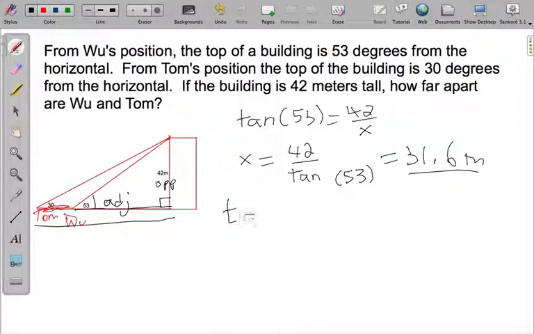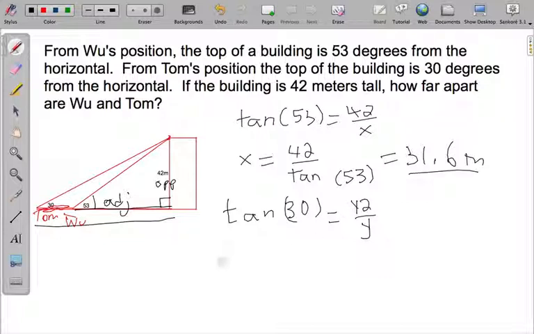Except for now, the angle of elevation from Tom is tan 30 equals 42 divided by, let's call that y. Okay?